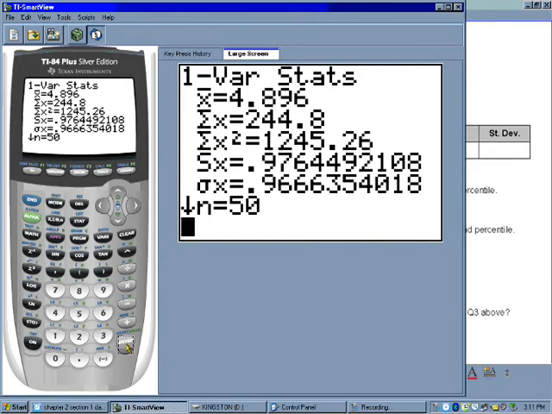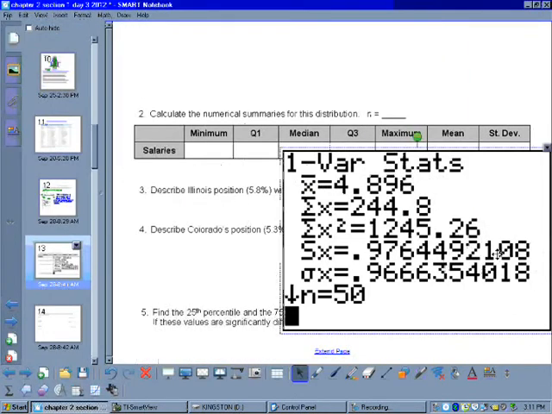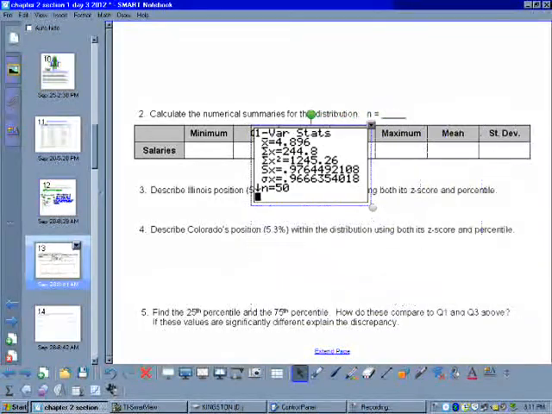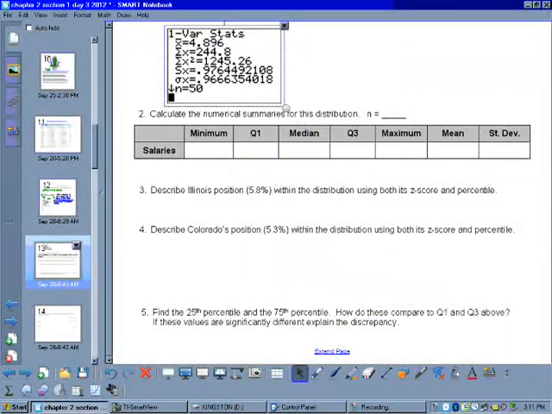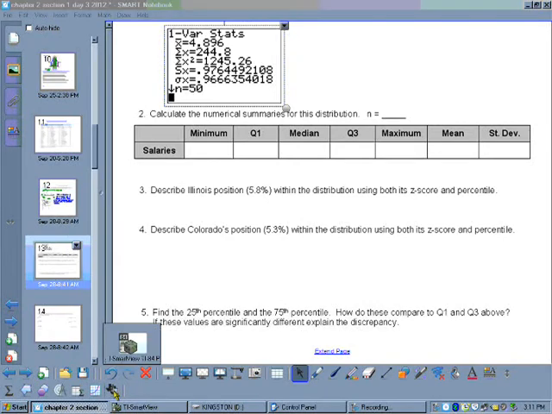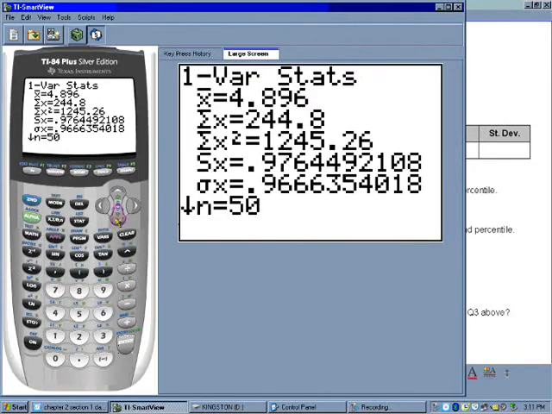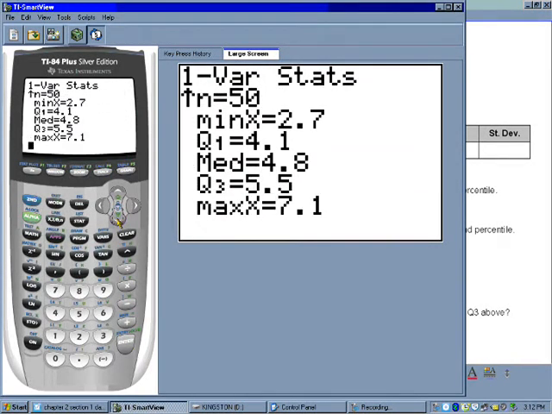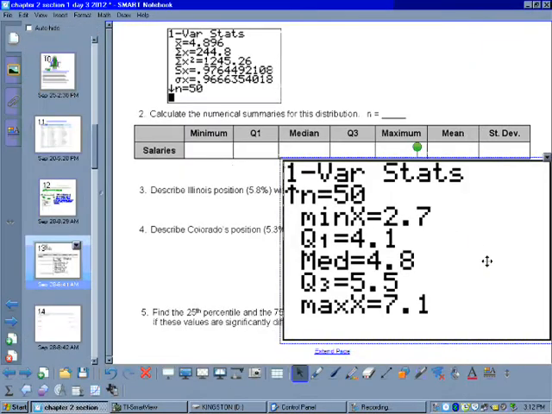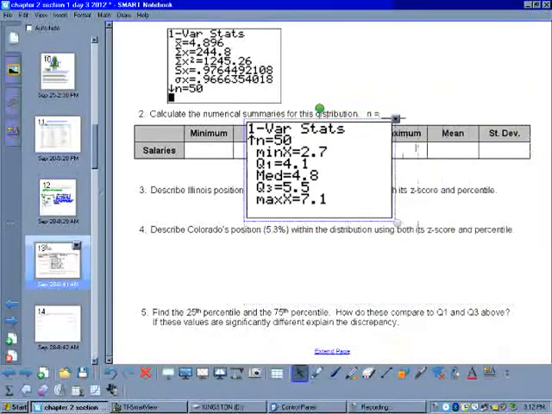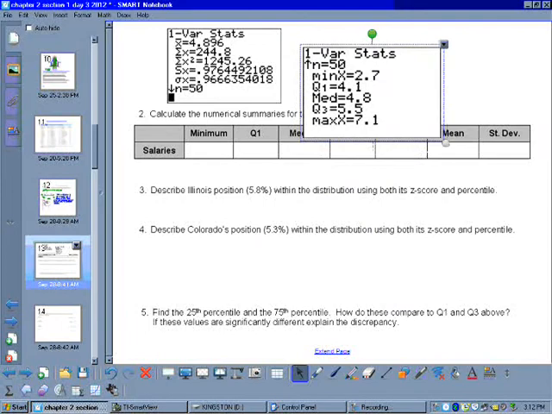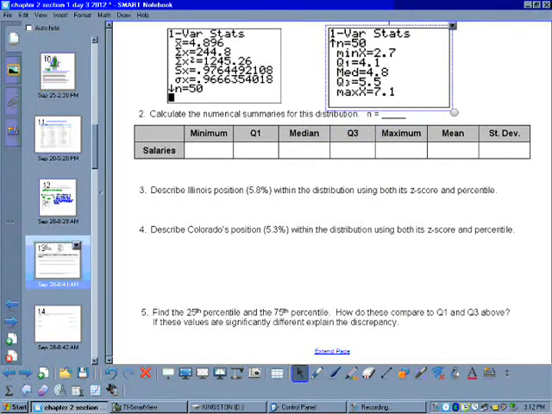Hitting enter, I see my mean and my standard deviation. I'm going to copy these windows onto this slide screen. You don't need to copy these numbers down except for into the table that is listed for us. And now I can copy these numbers into my table.